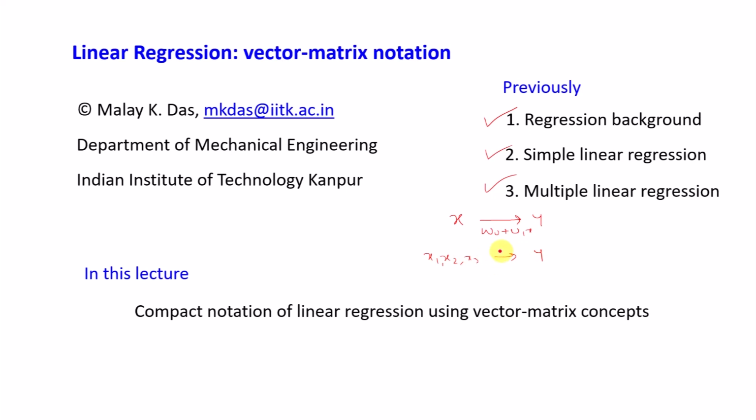As we go from simple to multiple linear regression, it becomes increasingly more difficult to solve the equation and get the W0, W1, etc. In this lecture, we'll try to find a compact notation using vector and matrix concepts. After we understand this concept, finding these regression coefficients will be much easier no matter how big the list of regressors is.